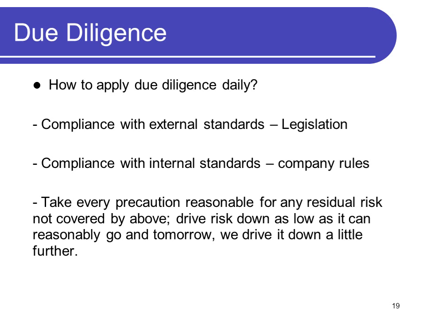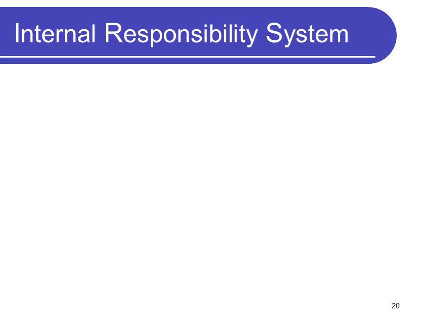If there is something residual that we have not covered before, drive risk down as low as can reasonably be done, and tomorrow we drive it down a little further. It's continuous improvement. Slowly we are reducing all the risks in the workplace, the highest risks first.